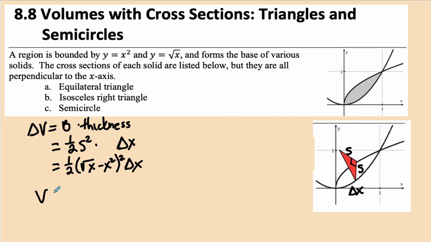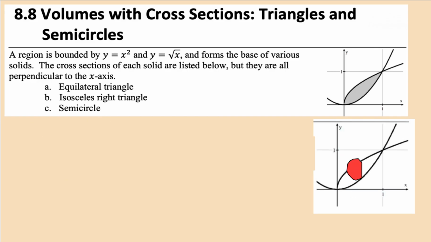And our volume will be equal to the integral from 0 to 1 of 1/2 root x minus x squared dx. And that represents the volume that is formed by these cross sections.